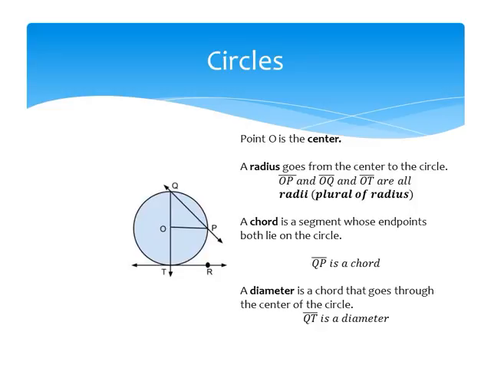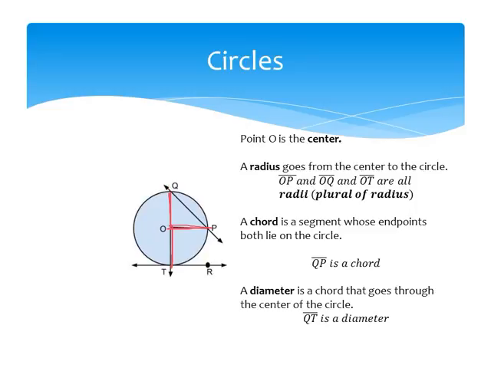So I'm going to start at the center and go out. So I've got a radius there, OP. I've got a radius segment OQ, and I've got a radius down here, segment OT. So it's got to start at the center and then it's got to go all the way out and touch the circle. The plural of radius is radii.